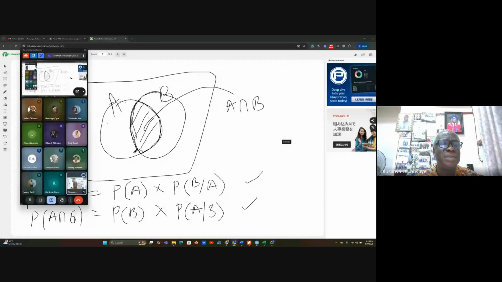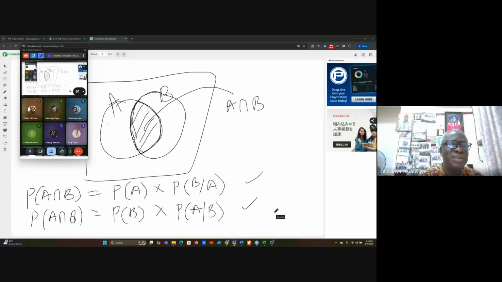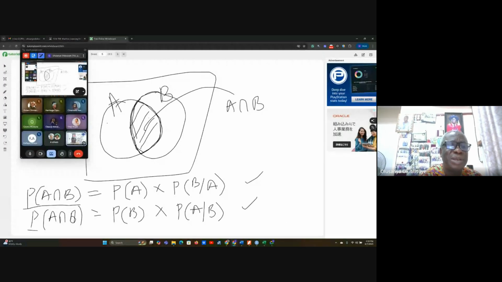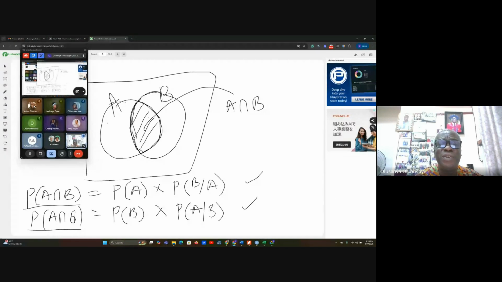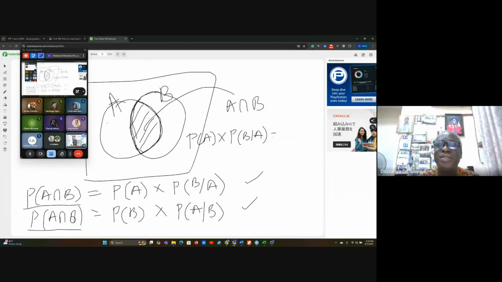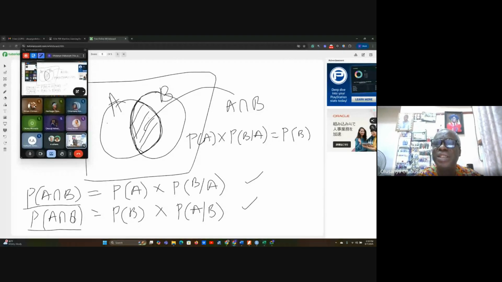Now, since these two quantities are supposed to be the same, the probability of A intersection B, it's possible for me to equate the two: the probability of A times the probability of B given A is equal to the probability of B times the probability of A given B. So I can write it that way.